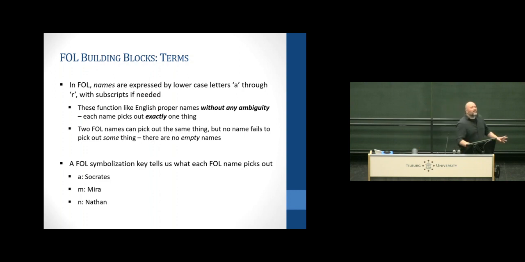So, for FOL, the names which are expressed through lowercase a through R, could be with subscripts. For each one of them, they name exactly one thing. And for every name, there must be some object that it names. Cannot have a name that doesn't pick anything out. So FOL in some ways takes the idea of proper names from natural language and just kind of idealizes it a little bit. No ambiguity, no emptiness.